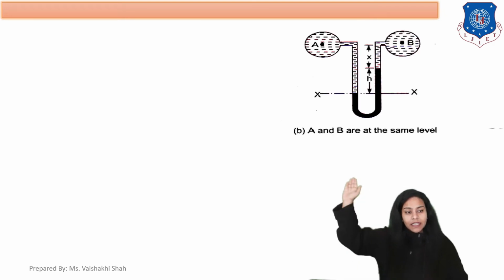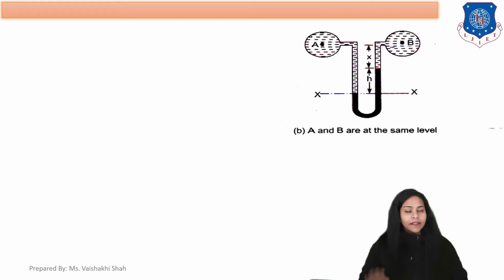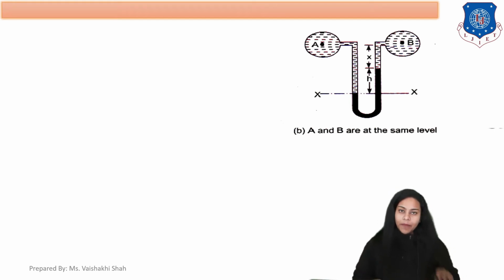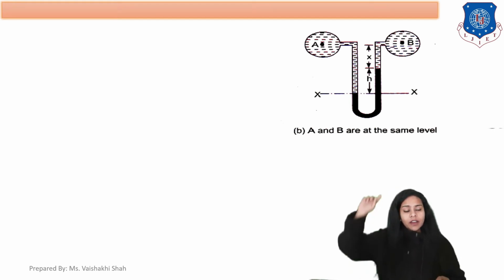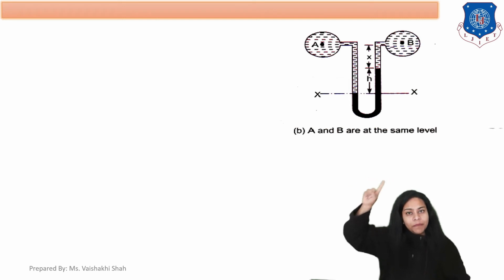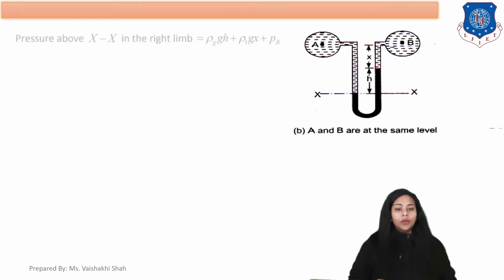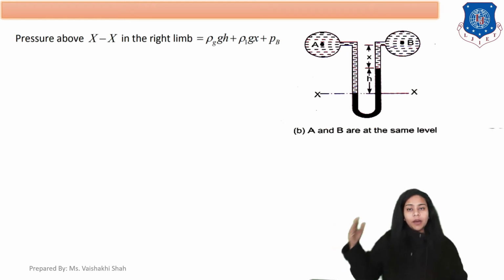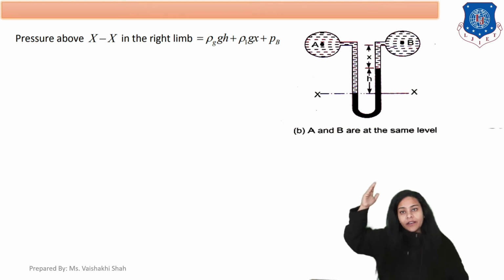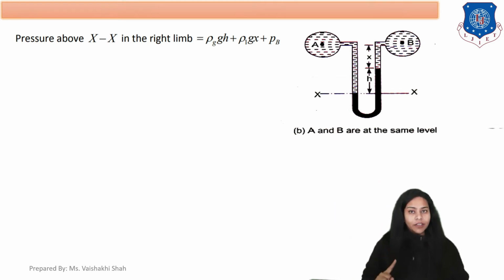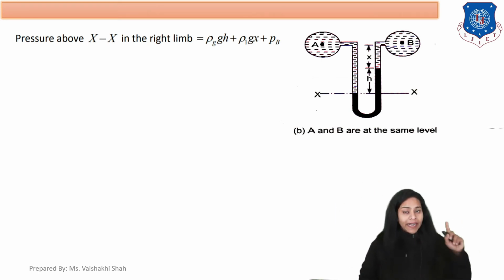Next, in this diagram, as you can see, there are two pipes A and B, and both are at the same level. Now, the pressure above XX in the right limb equals the right column.